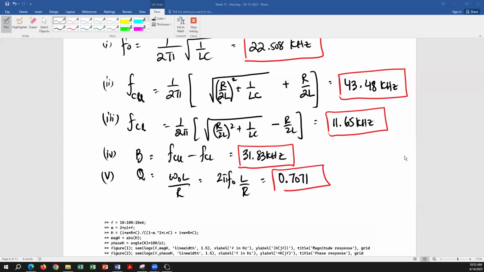22.5 divided by 2, which will be 11.25, plus the center frequency. Bandwidth is 31.83. So 31.83 divided by 2, about 16 or 15.6, plus 22. So 15 plus 22 is 37.